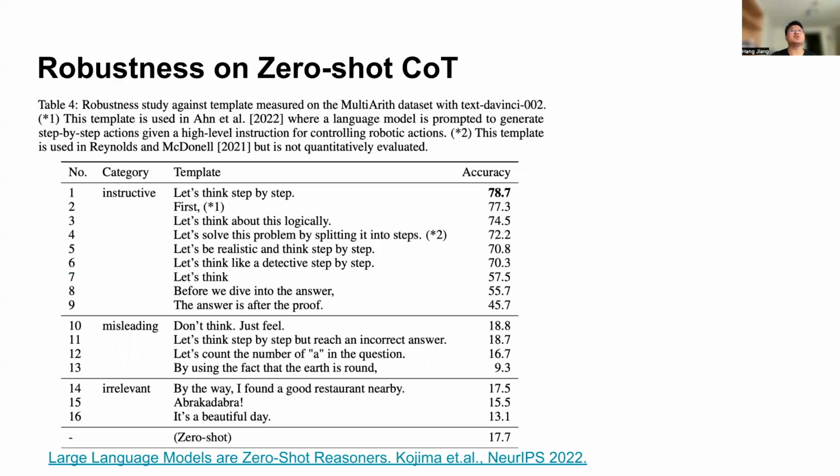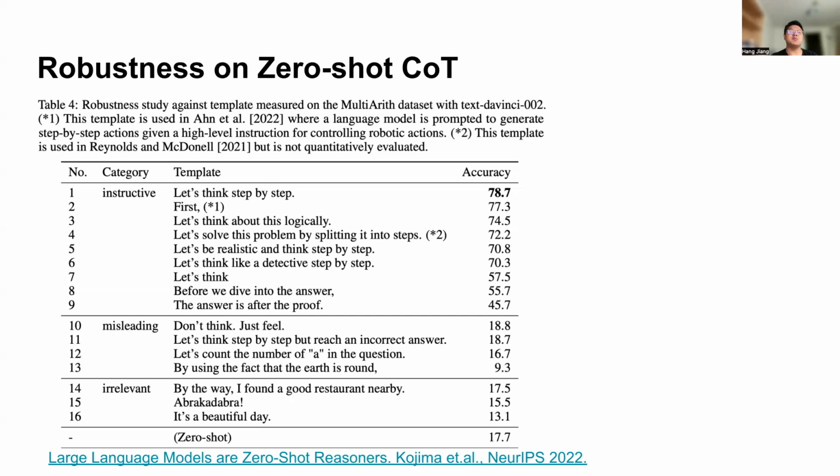Last, I want to show the importance of prompt design. We mentioned "let's think step by step" is a good prompt to elicit reasoning in language models. But we didn't mention the original paper actually tried a few different variants of the same think step by step prompt. It says, first, or let's think about this logically, let's solve this by splitting it into steps, let's be realistic and think step by step, let's think, and they all produce different performance.